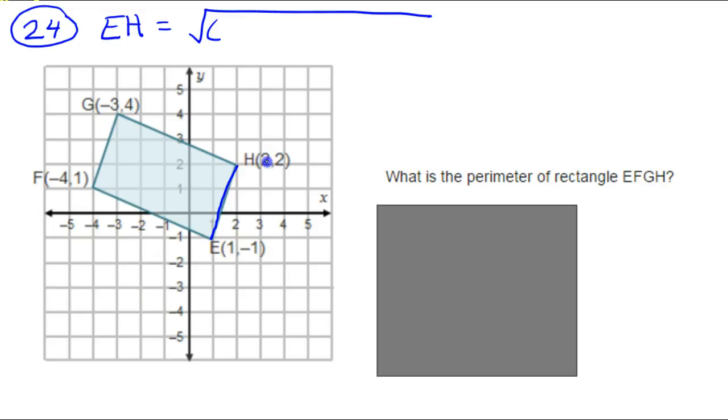So when you do the distance formula, you're doing x minus x and then y minus y. So I'm doing 2 minus 1 squared and then 2 minus -1. Now 2 minus -1 is the same thing as 2 plus 1. Okay, when you subtract a negative, you add. Alright, so I've got that. I'm going to just put that in my calculator.